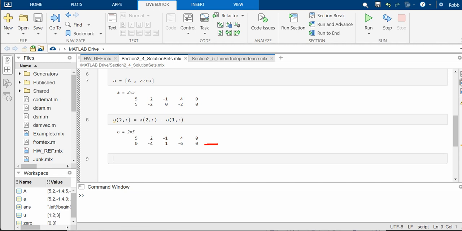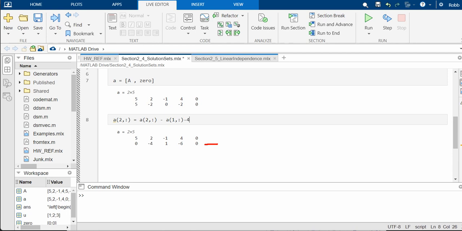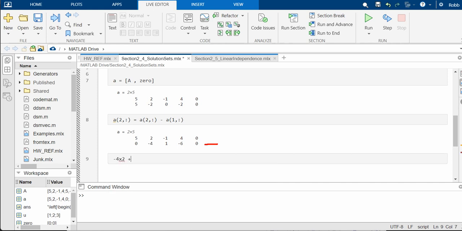So the basic variables, we have minus 4x2 plus x3 minus 6x4 equals 0, right?